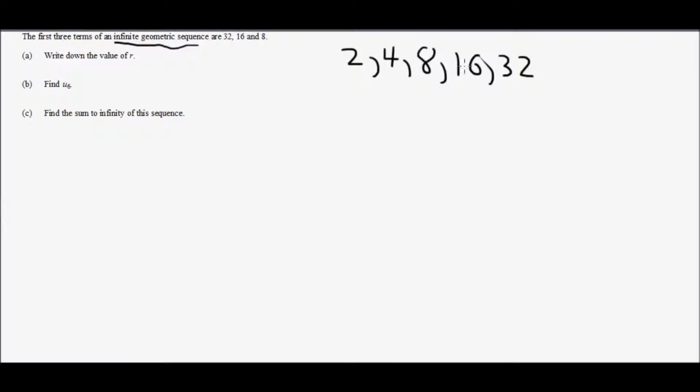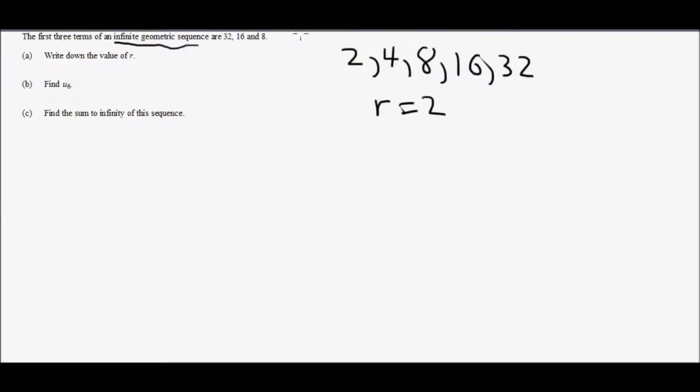So in this geometric sequence, the r value, the rate at which the number is increasing by to generate the next term in that sequence is by a factor of 2. Okay? Now, this means that we're multiplying 2 by the rate, which is 2, to get 4, to get the second term. And to get the third term, we simply multiply 4 by r once again. So, this is a geometric sequence.